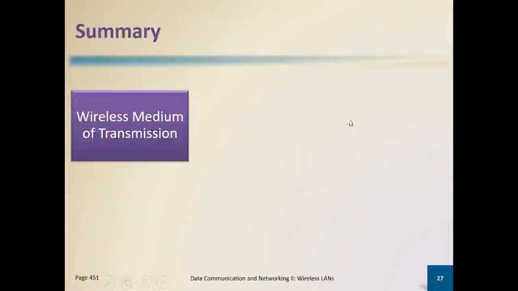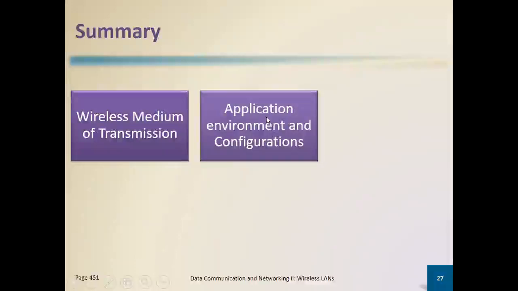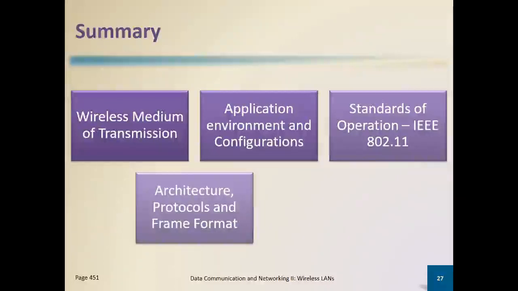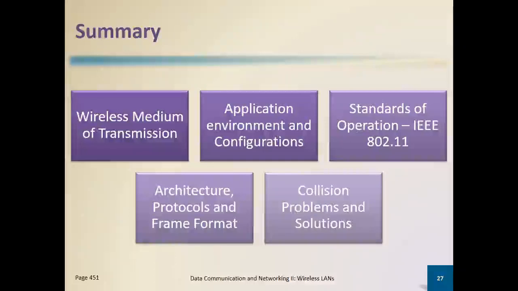So in general, to summarize all of this, a wireless LAN is supported over the airwaves, generally through a wired backbone, and it serves a number of applications. With applications come configurations as well as standards before you can meet your requirements.